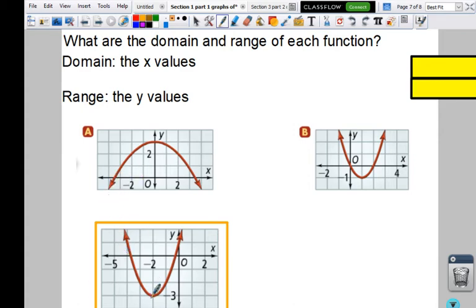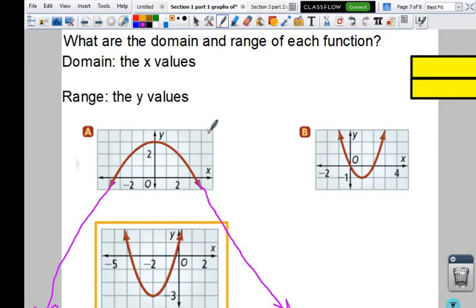Like if I have 4, will I ever list 4 comma something? Yes, because this graph is going to keep going forever this way. So we're going to get to every single x, right?